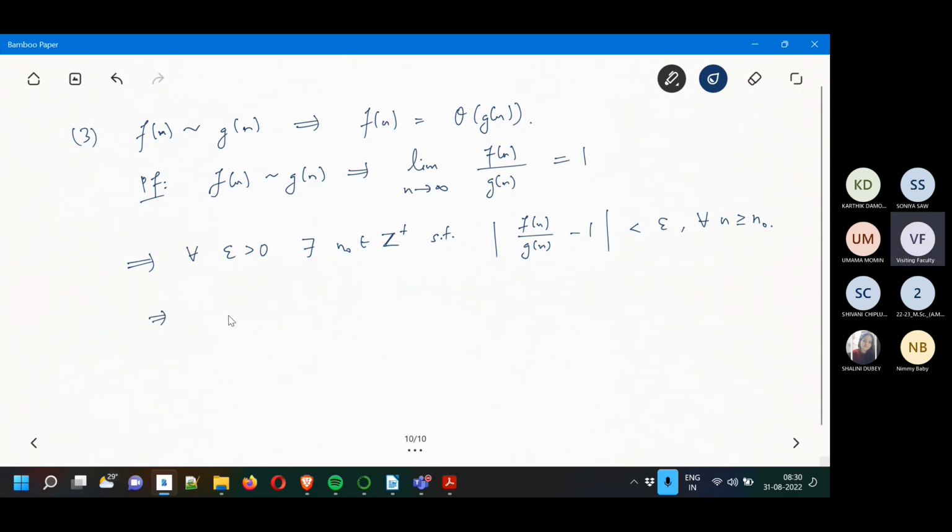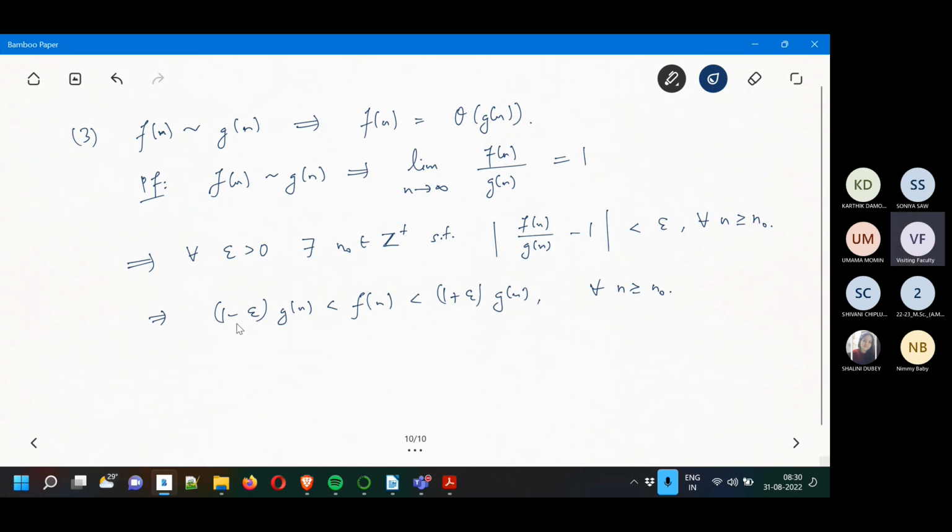Write it down further. This implies, okay, just check. Let me write it down directly. 1 minus epsilon gn less than fn less than 1 plus epsilon gn for all n greater than or equal to n naught.